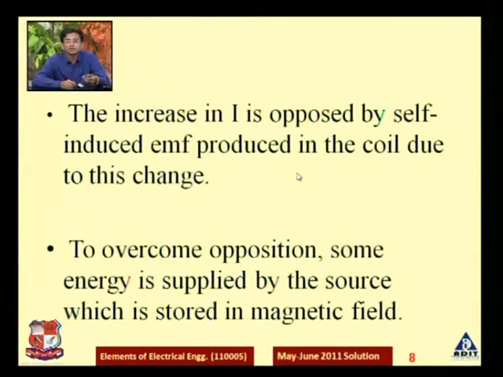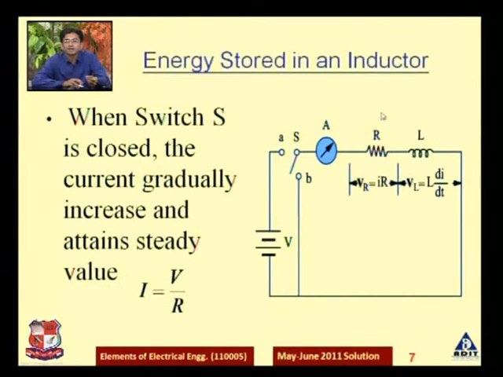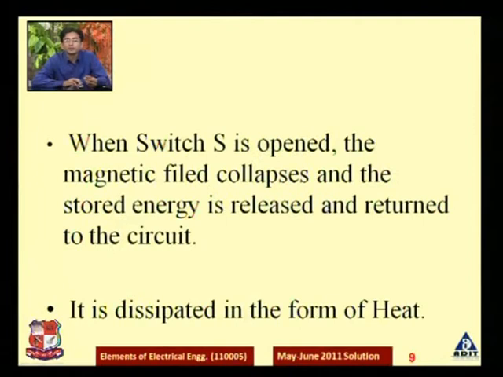To overcome this, some energy is supplied by the source, which is stored in the magnetic field. So you can see in this diagram that a magnetic field is produced in the inductor coil. When the switch is opened again, the magnetic field will collapse and the stored energy will be released and returned to the circuit. Sometimes it is dissipated in the form of heat also.